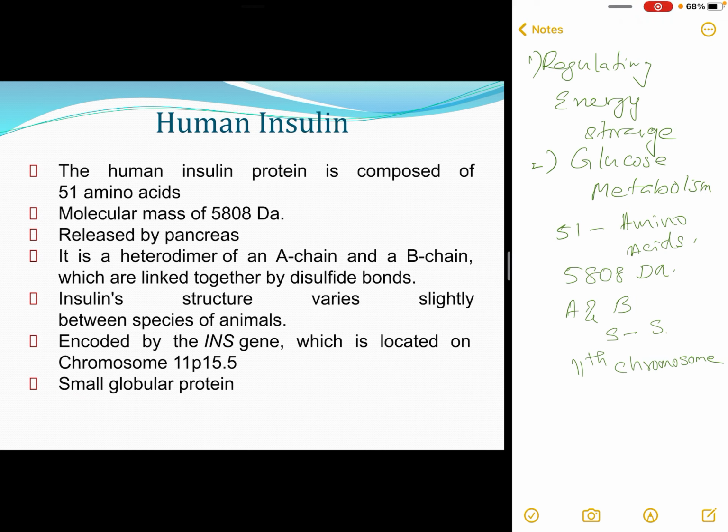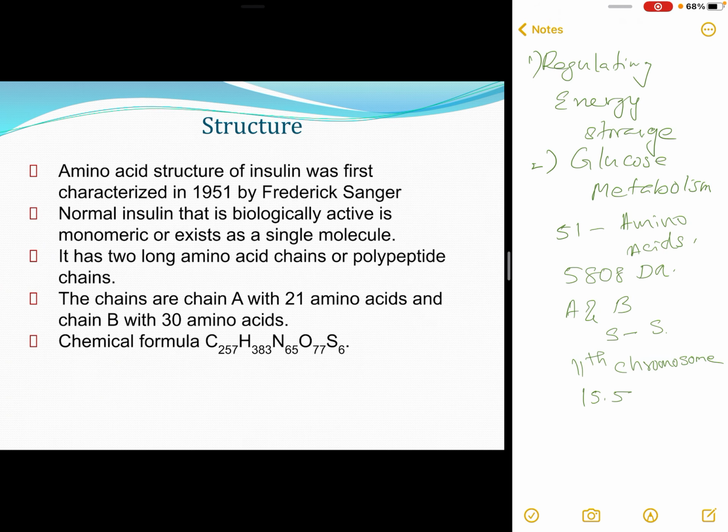As far as human insulin is concerned, it is present on the 11th chromosome, at position p15.5. This is the position of the particular gene, and it is always considered a small globular protein.